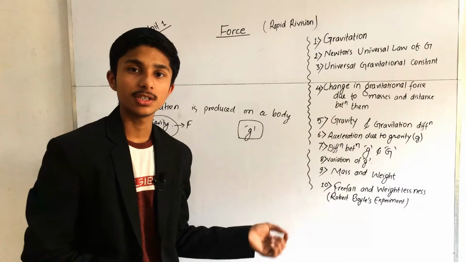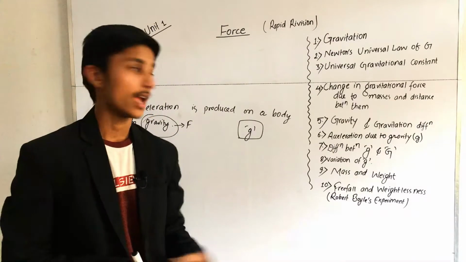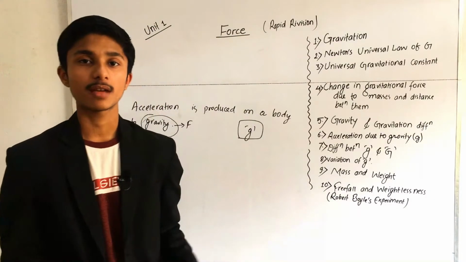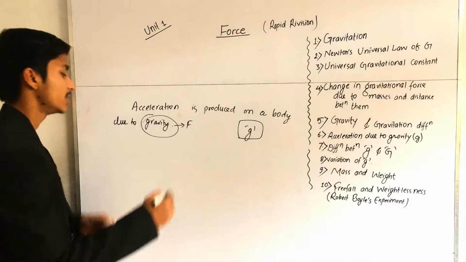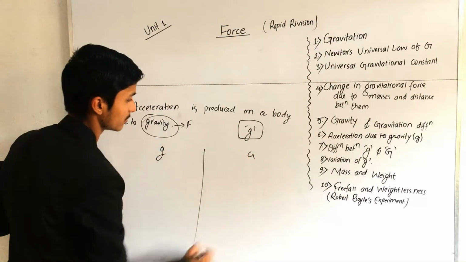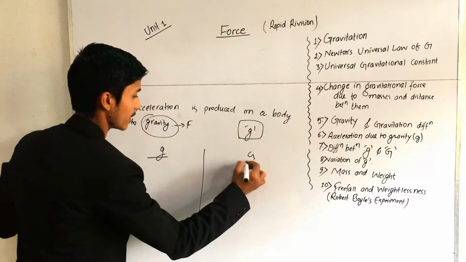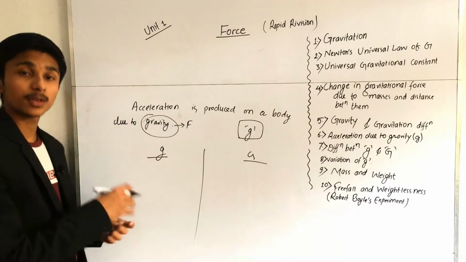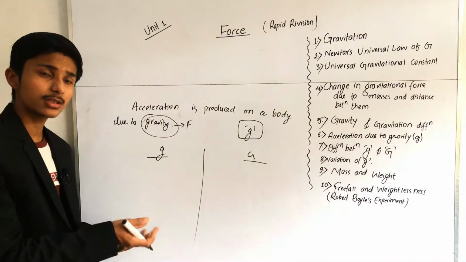Here small g is acceleration due to gravity and capital G is the universal gravitational constant. We discuss here small g and capital G. This is the rate of change in velocity. Rate of change in velocity means acceleration.